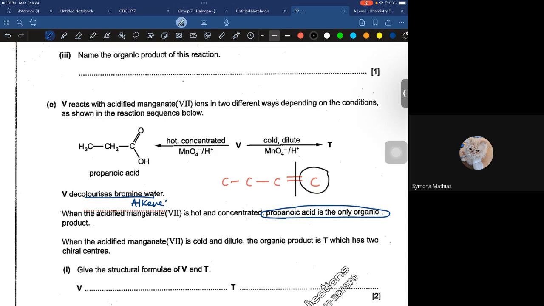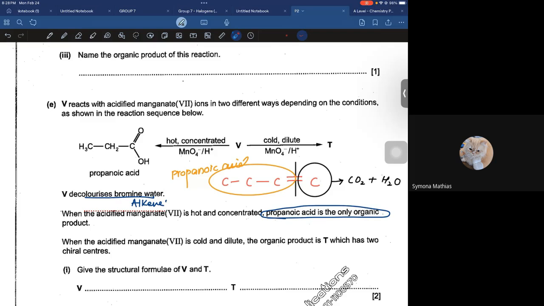This portion would give carbon dioxide and water, and this portion would give propanoic acid. So this should not be the answer, because it is going to give us carbon dioxide as well. But in the question they say propanoic acid is the only organic product.